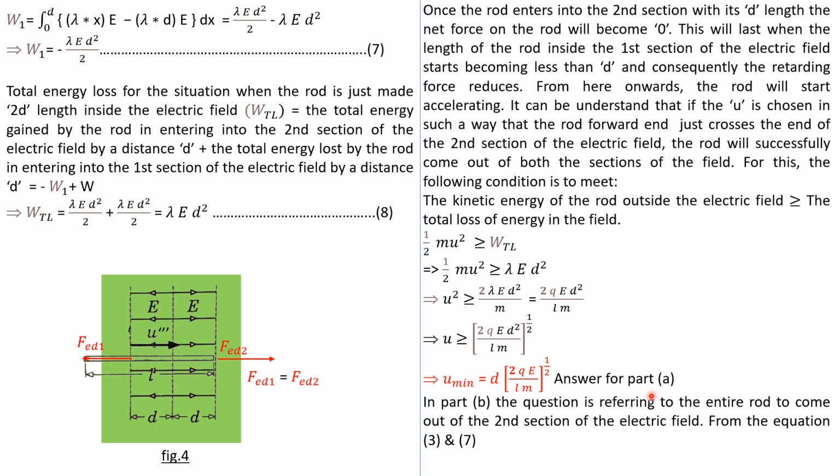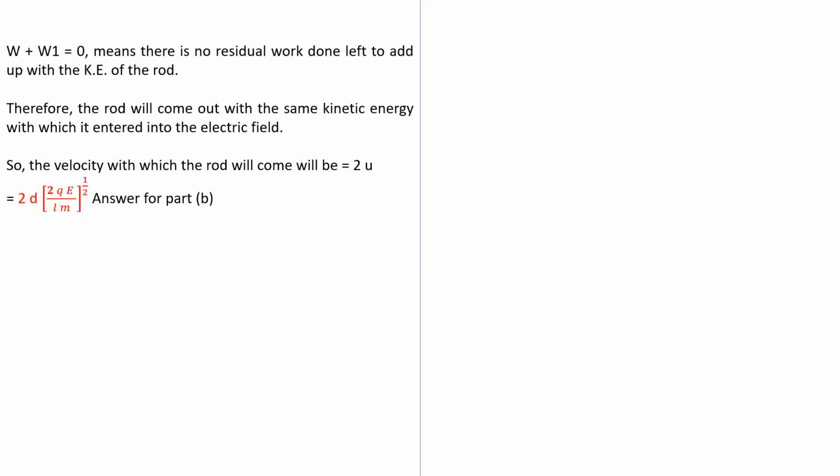In part B, the question is referring to the entire rod coming out of the second section of the electric field. From equations 3 and 7, W plus W1 will be 0.